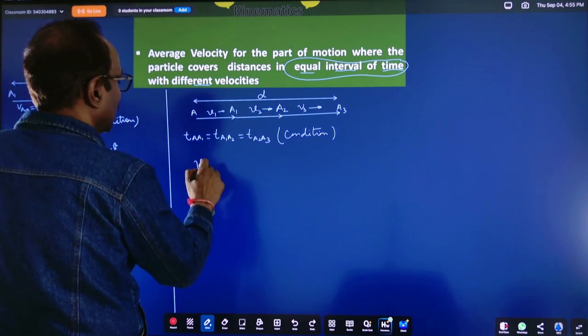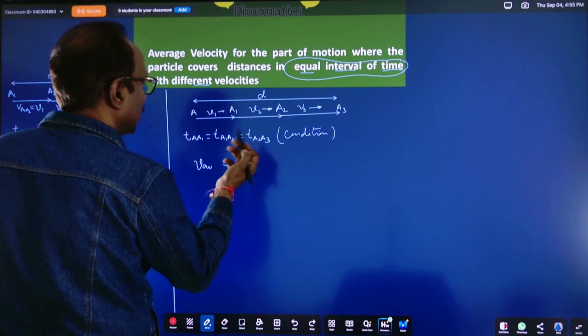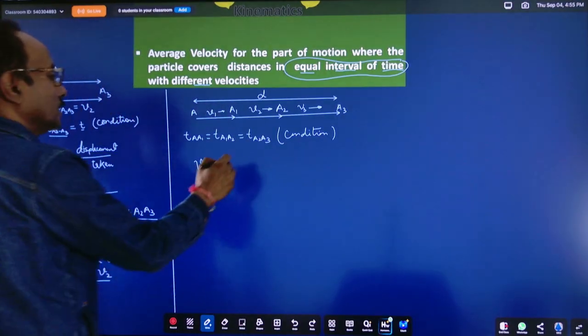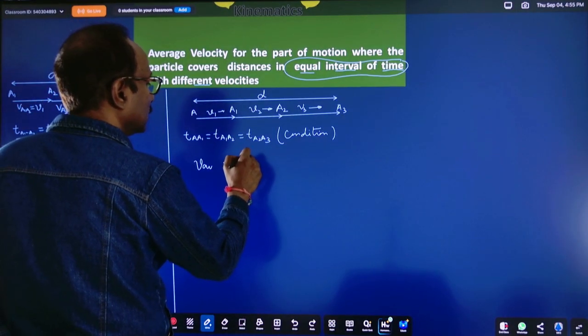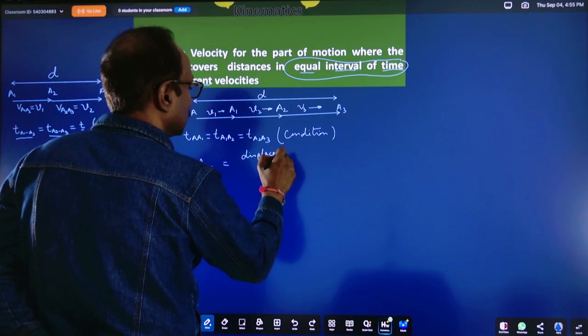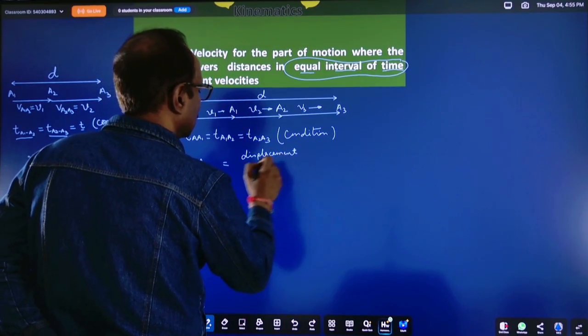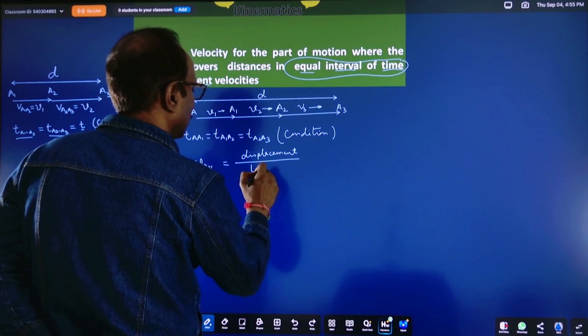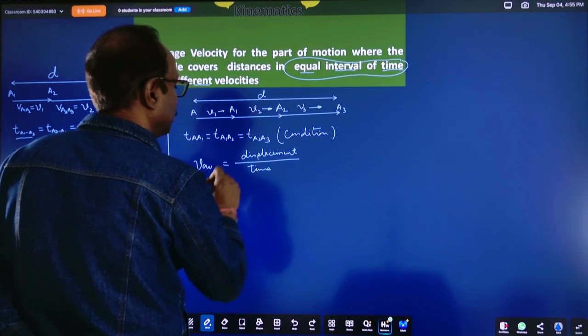Again you write V average and see what result comes. You will write displacement by time, total time.